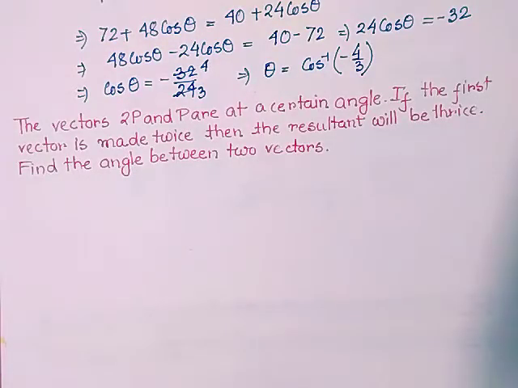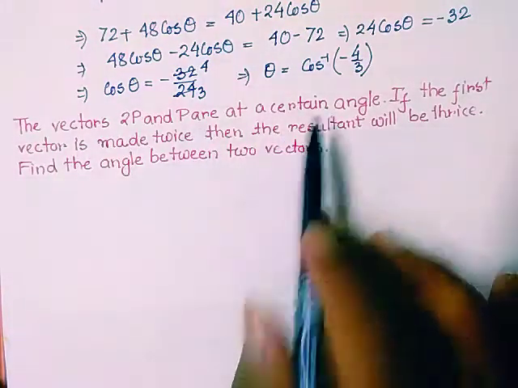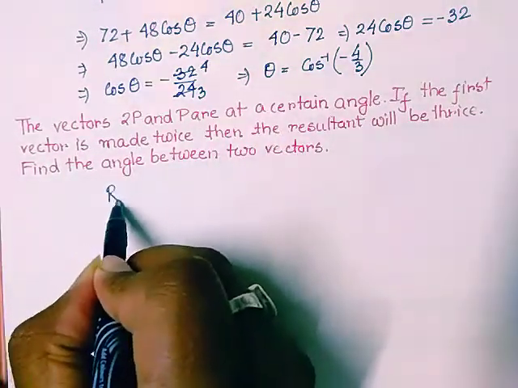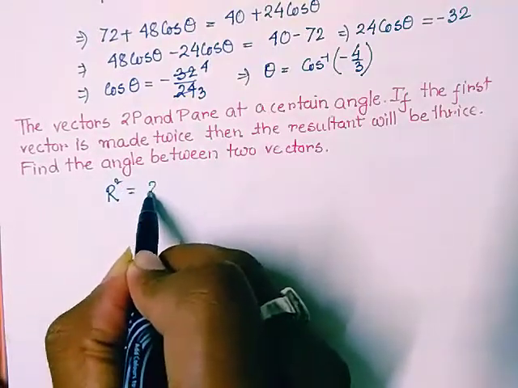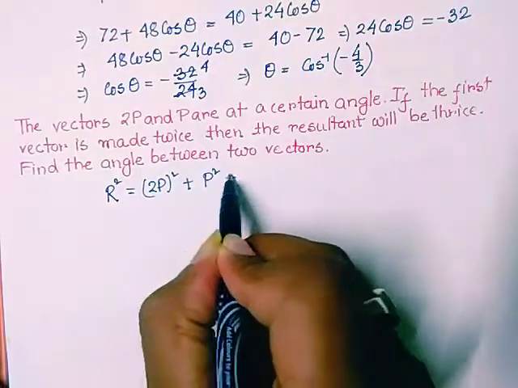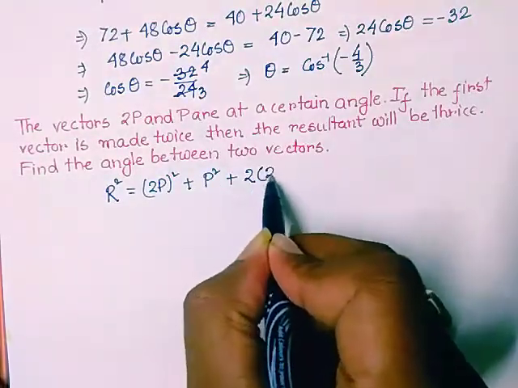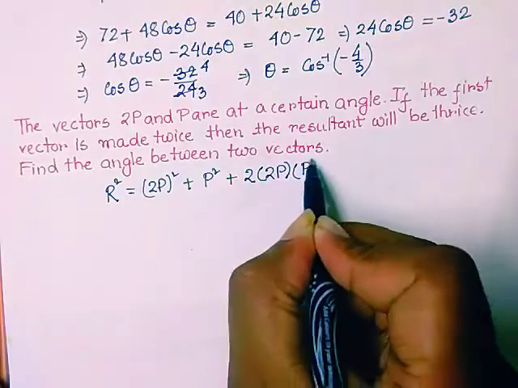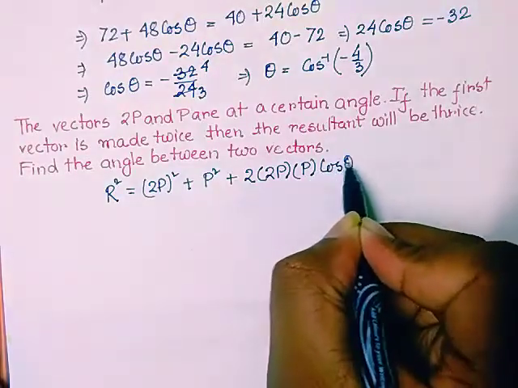This is our next problem. Similar to the previous one, 2p and p are at a certain angle, that is theta. Consider if the first vector is made twice, the resultant will be thrice. Okay. So at first, from the first information, we write down, let the resultant be r. So r square equals 2p whole square plus p square plus 2 into 2p into p into cos theta.